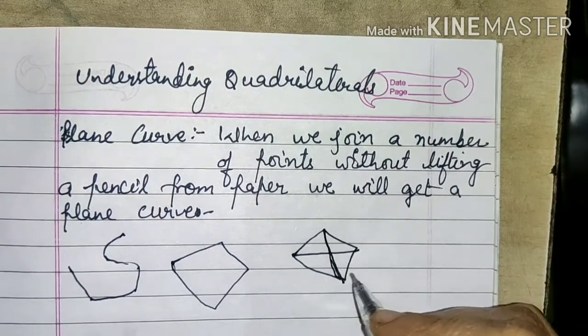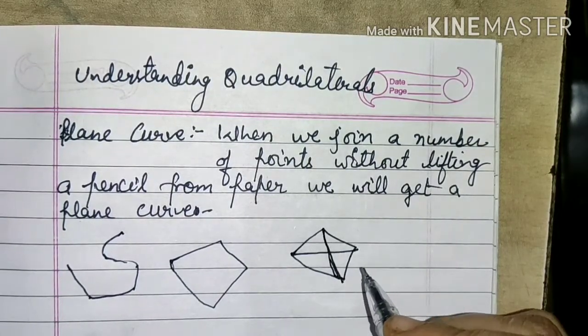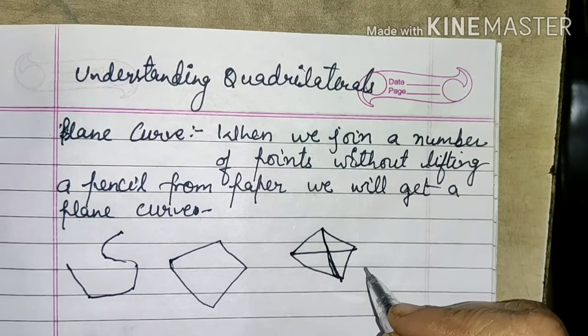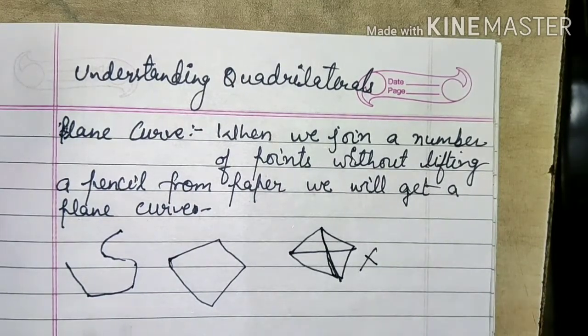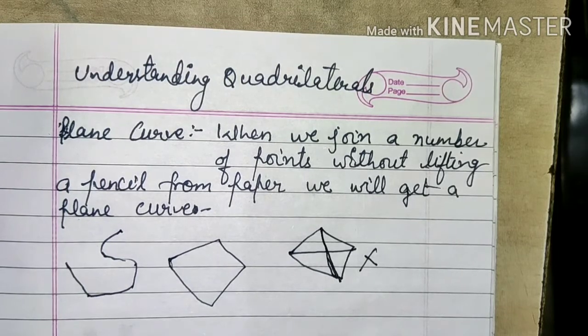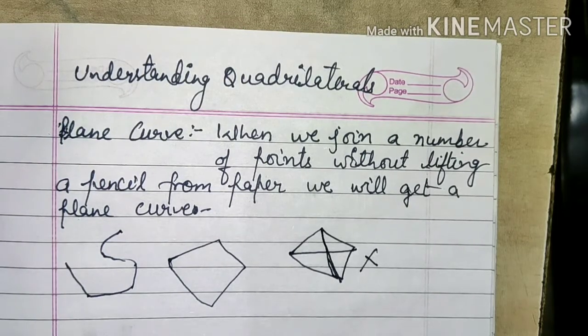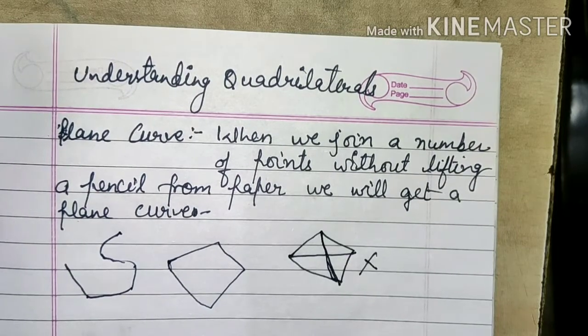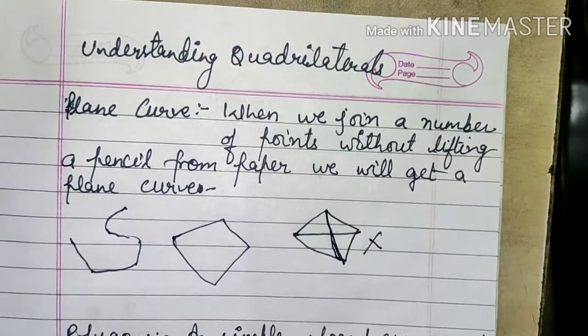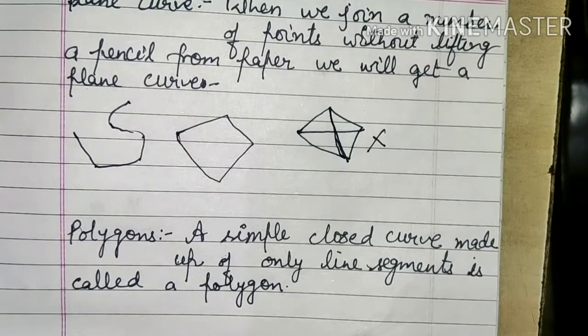Plane curve means we should not lift the pencil or pen. So this is not a plane curve, and this is your plane curve, in which we do not need to lift our pen or pencil. After that we have a term, polygon.